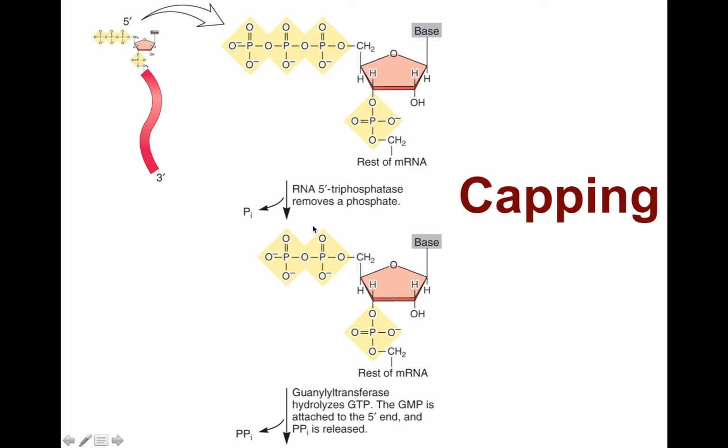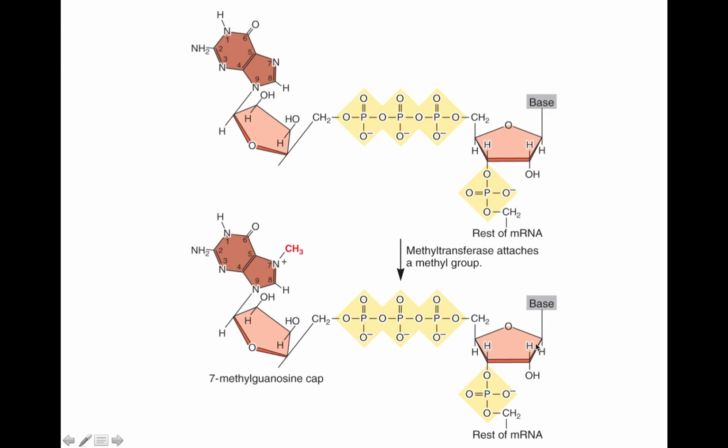What happens first is a triphosphatase removes one of the phosphates, and then a guanylyl transferase hydrolyzes the GTP. And the GMP is attached to the 5' end, and pyrophosphate is released. So we added some more phosphate groups here.